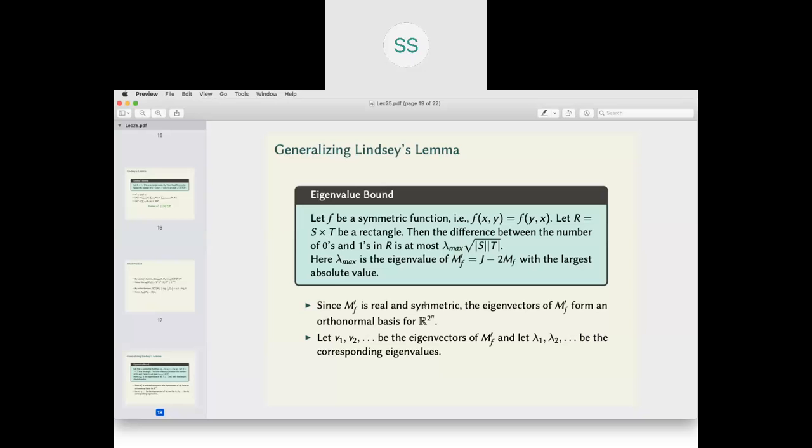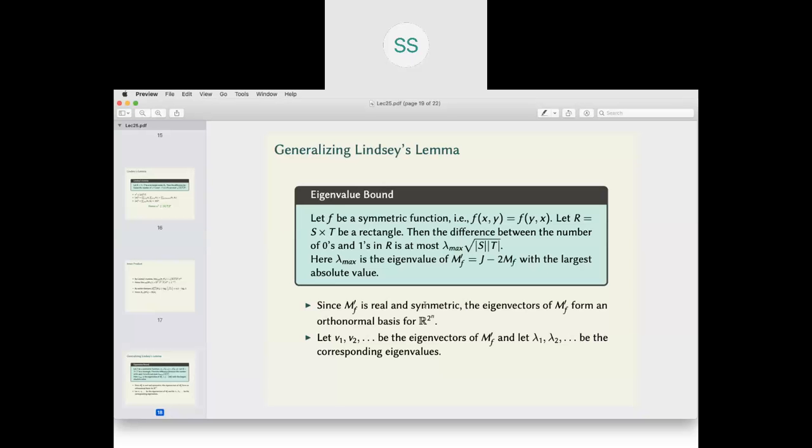Okay. So now let S cross T be a rectangle. The difference between the number of zeros and ones in R is at most lambda max times square root of S and T, where lambda max is the eigenvalue of the matrix of F. But again, it's the same kind of translated matrix. So you take the original matrix, which is a 0 1 matrix, and you subtract twice the original matrix. So basically what we are doing is the same again.